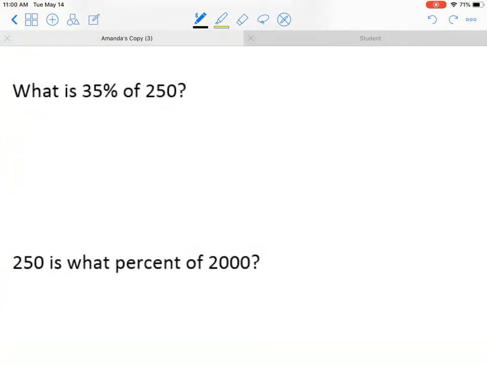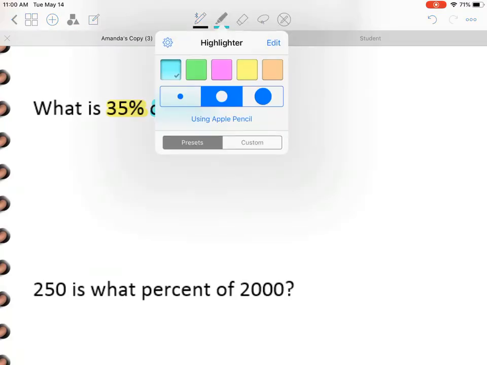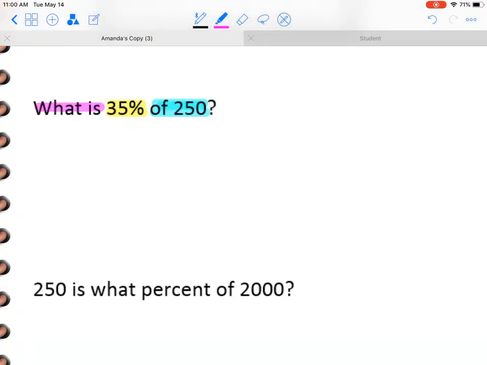The first question says, what is 35% of 250? So I'm going to mark some parts here. And let me just go ahead and mark the is too.